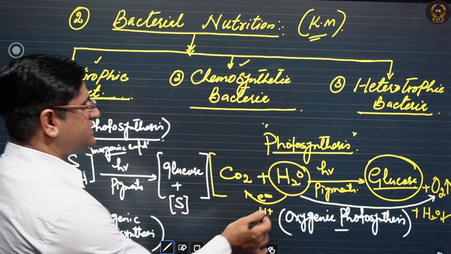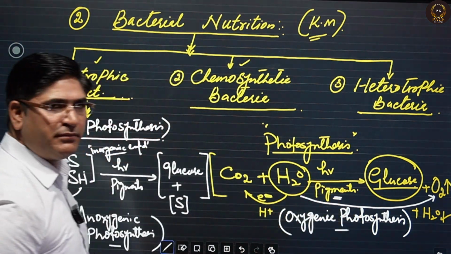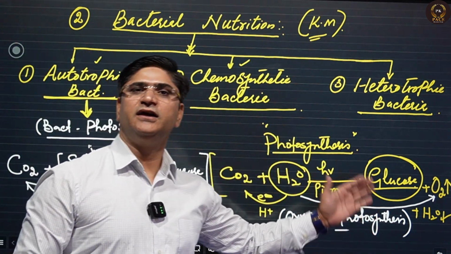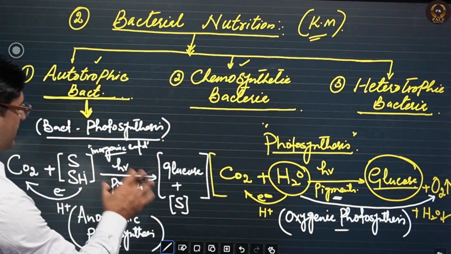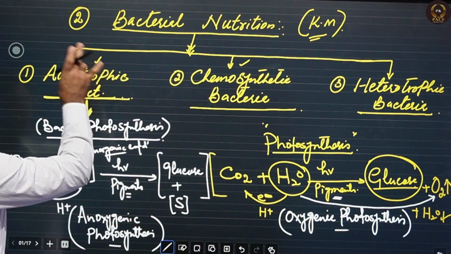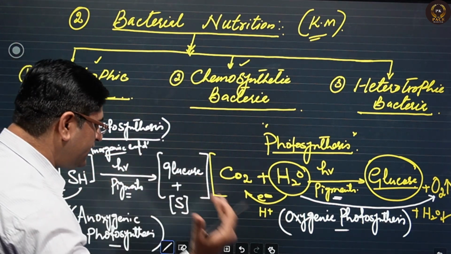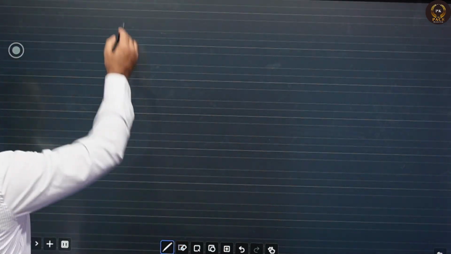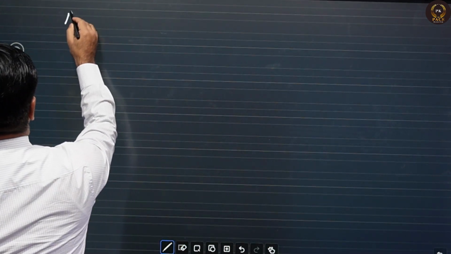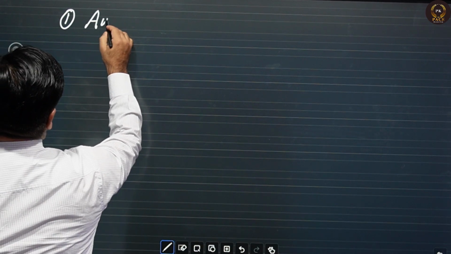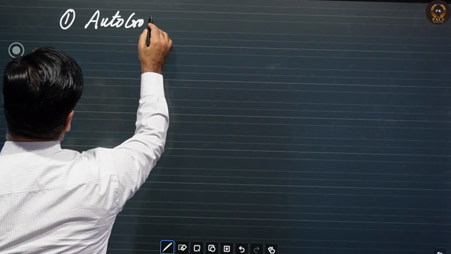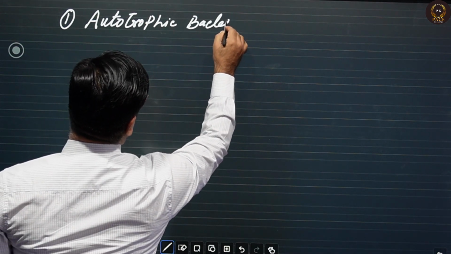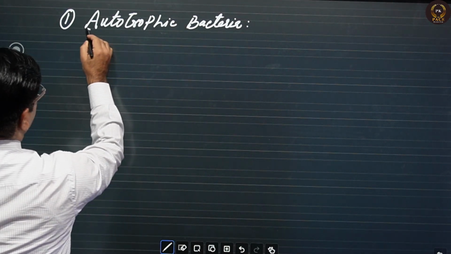Apart from this, the pigments are also different in bacteria and in plants. Based on these two things, autotrophic bacteria have been classified like this.